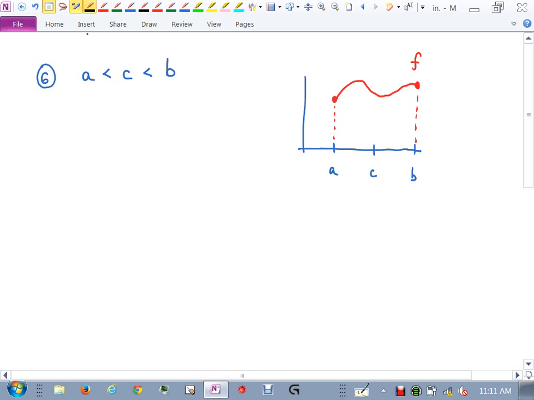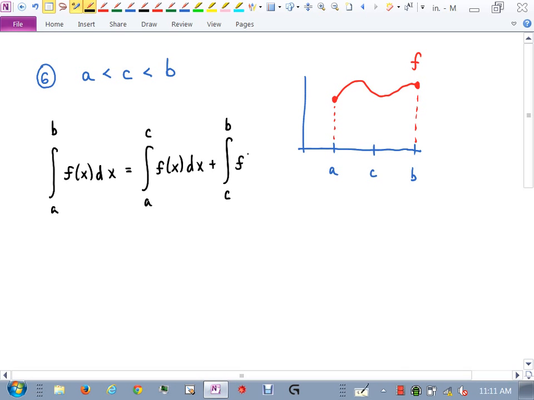It says that the integral from A to B of the function should be equal to the integral from A to C of the function plus the integral from C to B of that function.